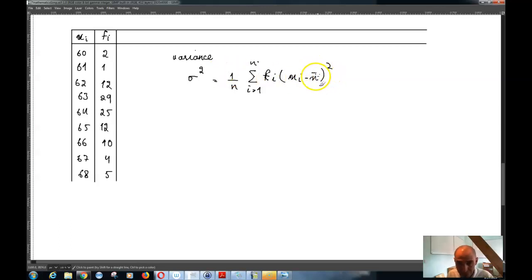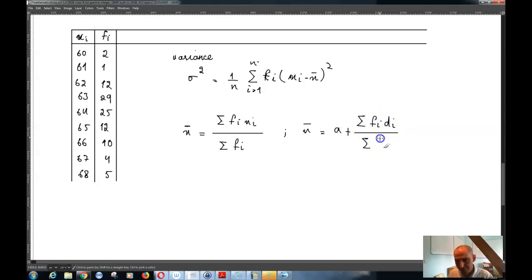Now to calculate x bar here, which is the mean of all of this data, you can do it either using the direct method, using, for example, 1 over sigma f of i times sigma f of i x sub i. Or you can do it using the assumed mean method, which would be x bar is equal to a plus sigma f of i d of i over sigma f of i.